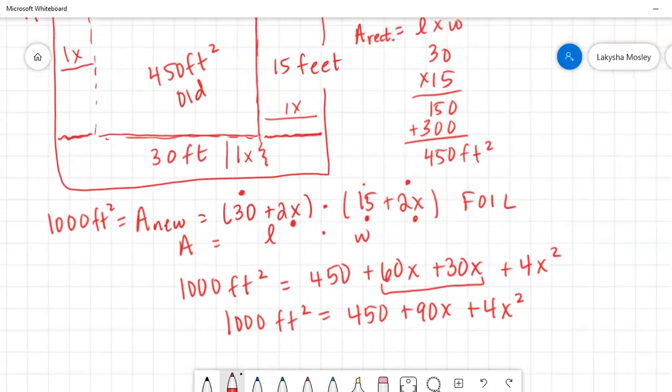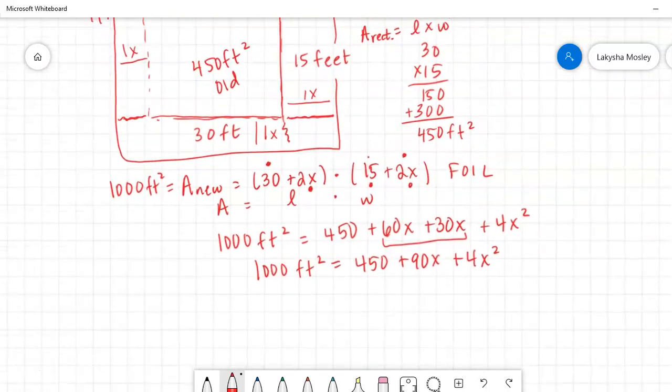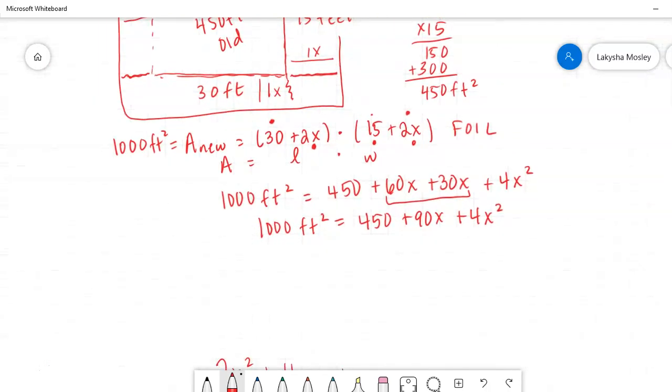I hope the setup makes sense. Let me shrink this down so you see everything. I'm going to move up now. 90% of the time, to solve a quadratic, we want to make it look like standard form. So I'm going to take this value on the left and move it to the right side of the equal sign so I can set this equal to 0.